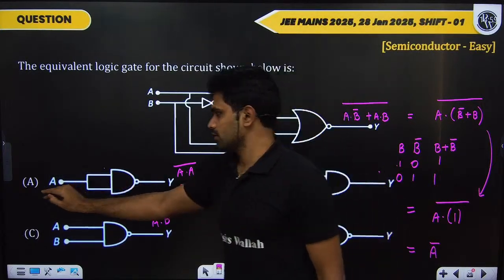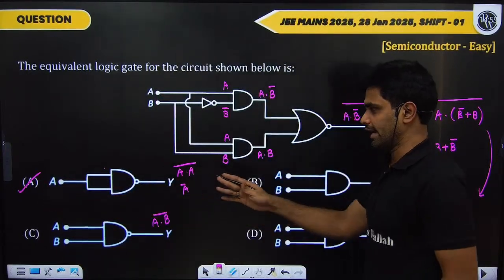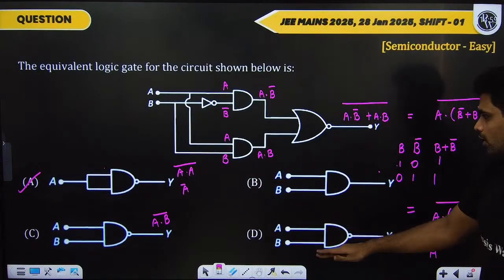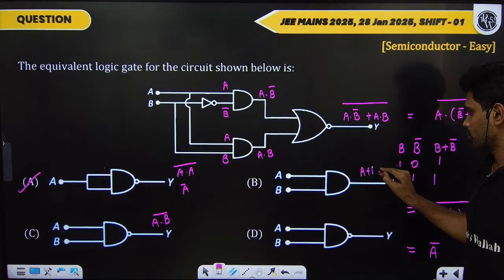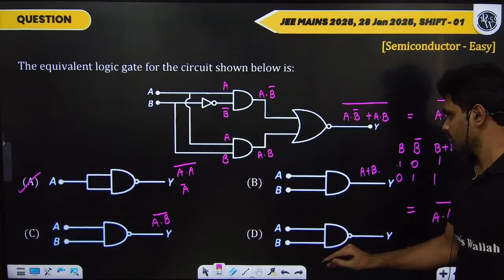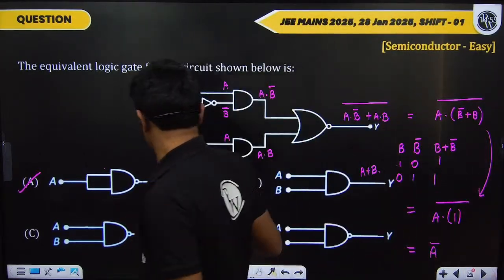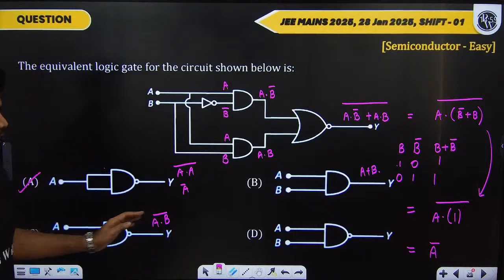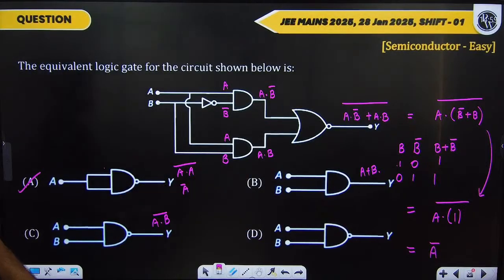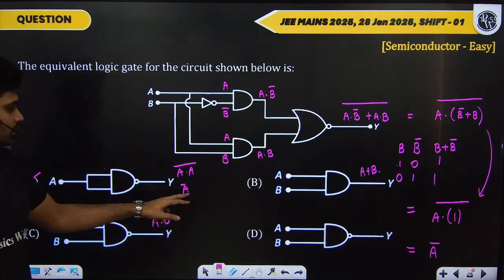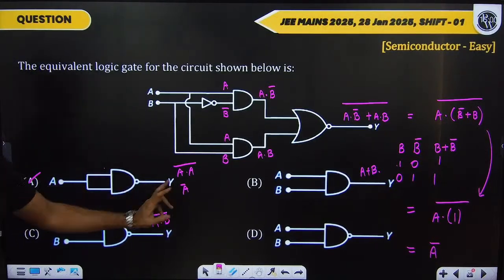This is the answer, because only A is there. Options B and D have A and B. C, B, D are wrong. A is correct because the A gate is the only one involved.